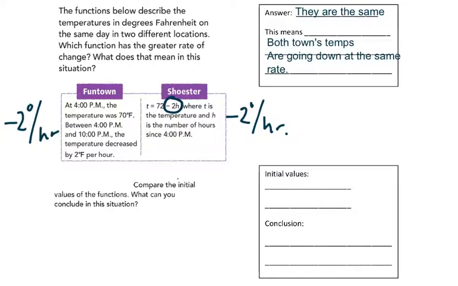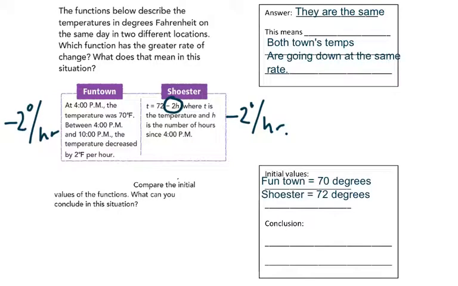So make sure that you get that copied, pause if you need to, and let's go down to the next problem. We are comparing the initial values of the function, and what can you conclude in the situation? So the initial value for Funtown is 70 degrees at 4 o'clock, and at Schuster, same time, 4 o'clock, the initial value is 72.